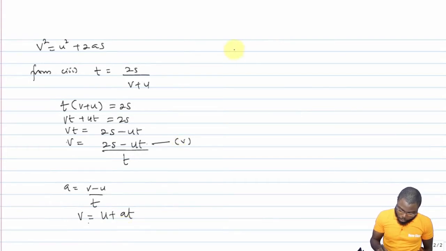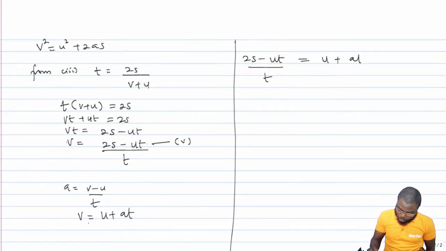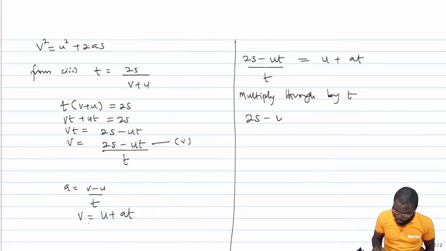So we would now have, in place of v, 2s minus ut over t equals u plus at. So there's no v anymore, so I can multiply through by t. If we multiply through by t, then you have 2s minus ut equals ut plus at squared.